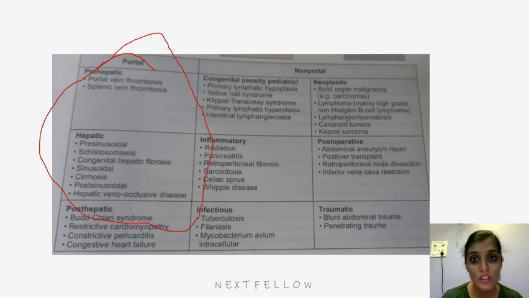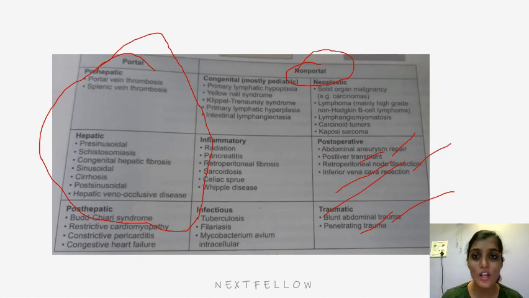Now the non-portal causes of portal hypertension. So let's start from here. Traumatic, that is blunt abdominal trauma or penetrating trauma. Post-operative, that is abdominal aneurysmal repair, post-liver transplant, retroperitoneal node dissection and IVC resection.